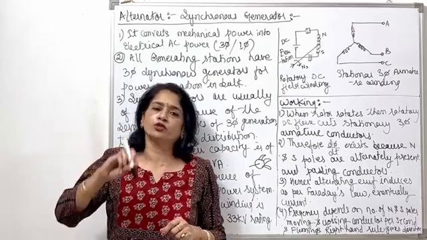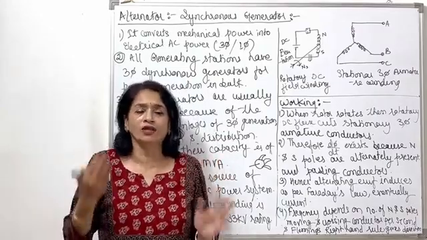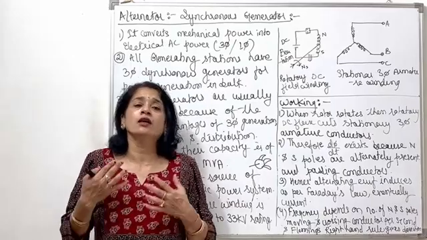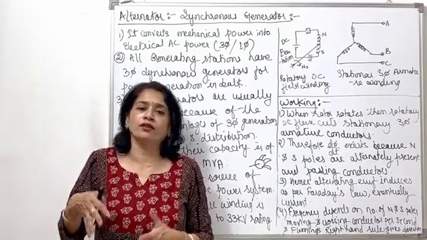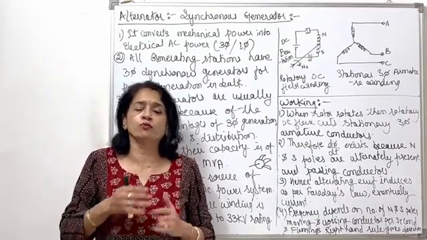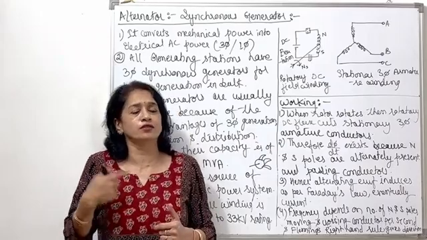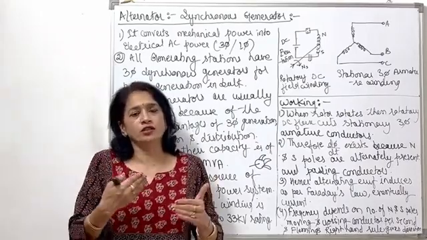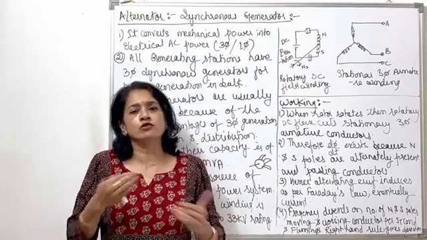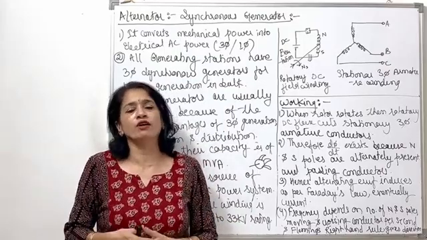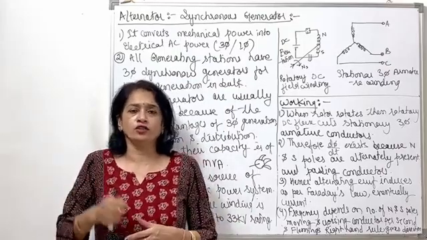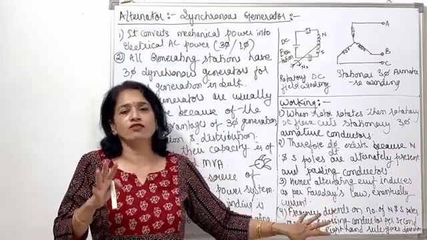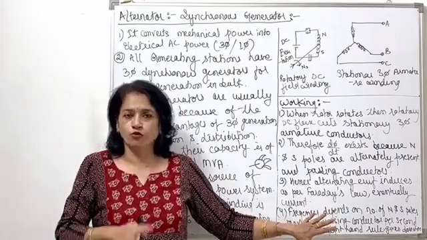Alternation of north and south pole occurs, so that EMF is AC type because it changes its polarity across a conductor. Whatever polarity exists because of the impact of the north pole, just the opposite polarity exists due to the south pole. So the direction of current and polarity of the EMF is continuously alternating, which means AC EMF is induced and AC current is flowing.